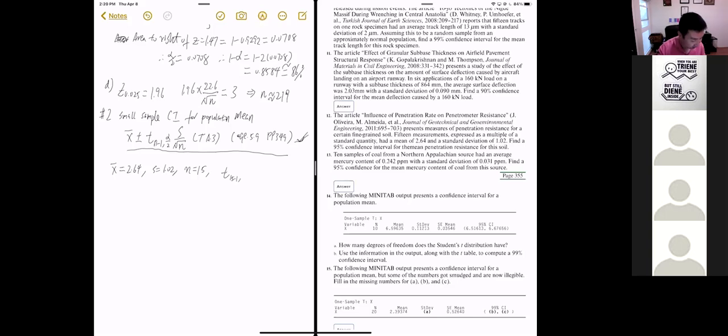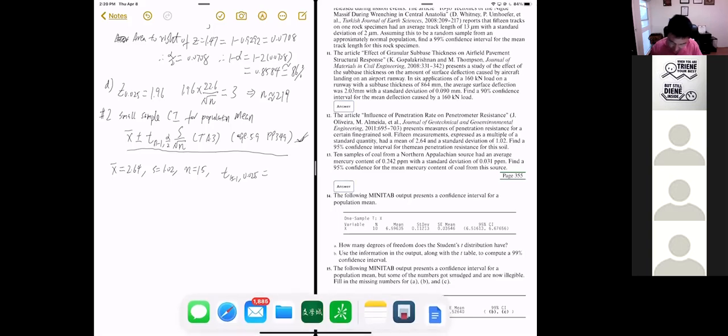Half alpha based on 95% confidence interval is 0.025. So that's the t value. Let's figure out what the t value is.